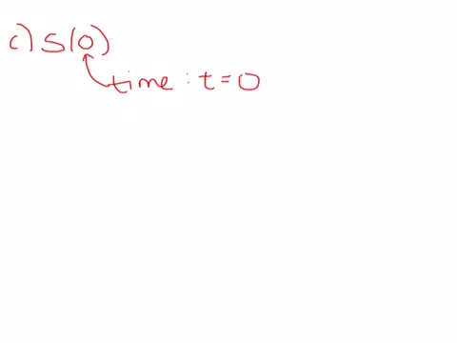The last thing that our problem asks us to do here, part C, asks us to find and interpret what S of 0 means. Well, remember, the variable that was inside our function was time. So this means that time is equal to 0 seconds.